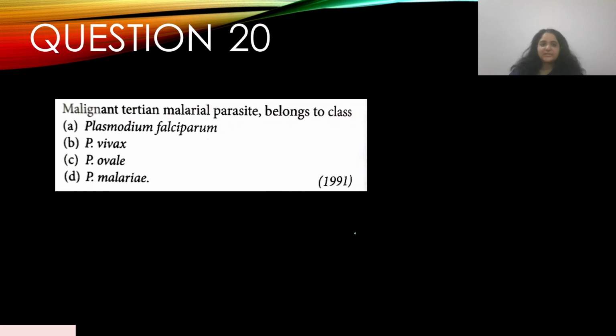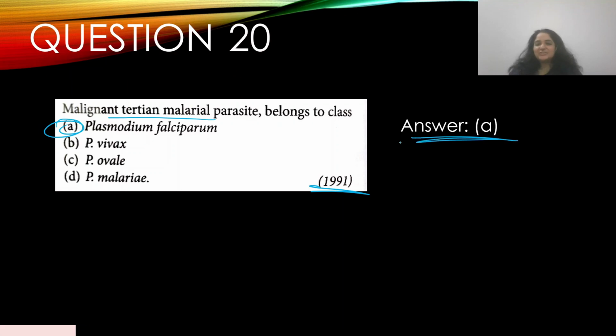Question number 20. The malignant tertian malarial parasite belongs to class, and it appeared in 91. Again, a question related to malaria. Now you know how important malaria is with respect to NEET. You have to know the life cycle, no doubt about that. The malignant tertian malarial parasite is Plasmodium falciparum. We've already discussed this in part 1 also, where I made a table.